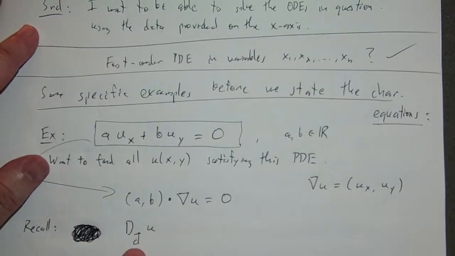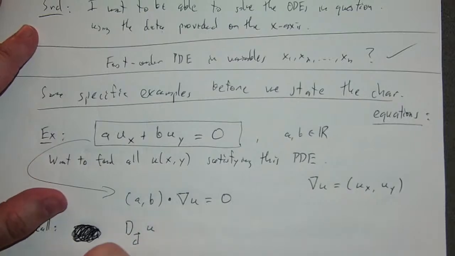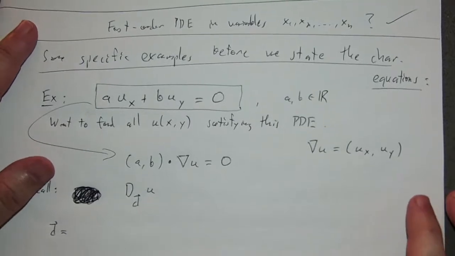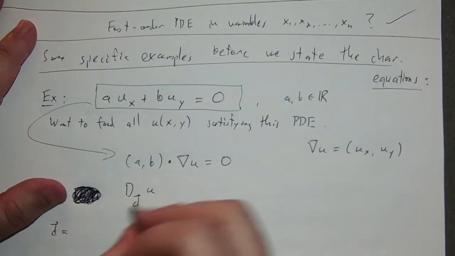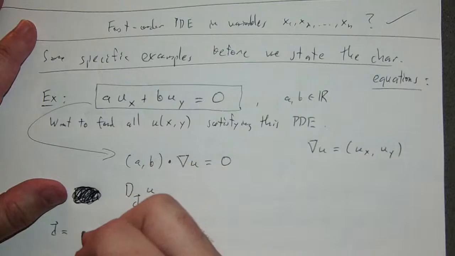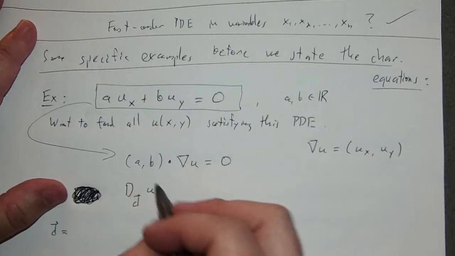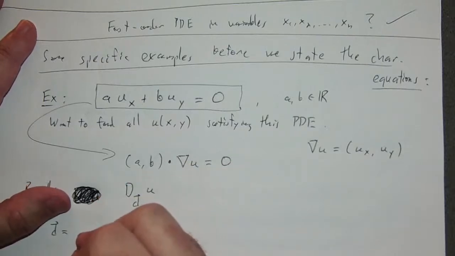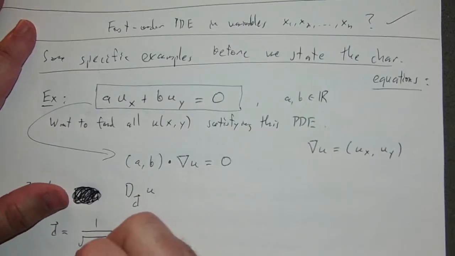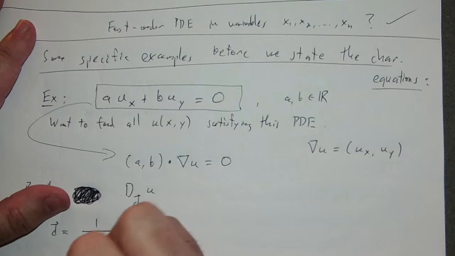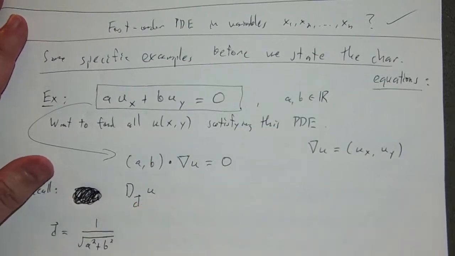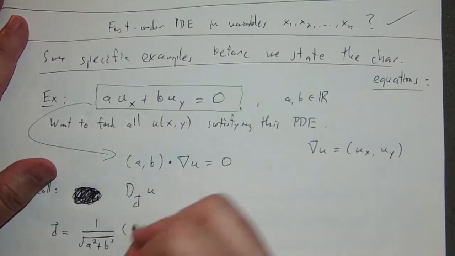Let's say that our vector d is our vector (A, B) times 1 over its length, so 1 over the square root of a squared plus b squared, times the vector (A, B).